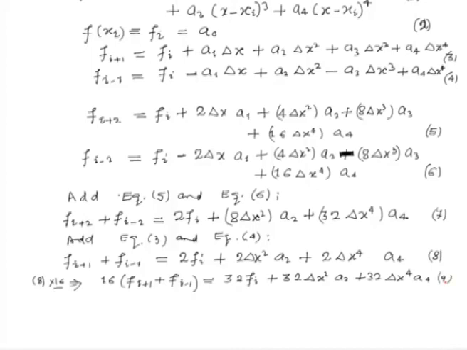Okay, now let's subtract equation 7 from equation 9. So 9 minus 7. If you do that, we would be able to eliminate a4.